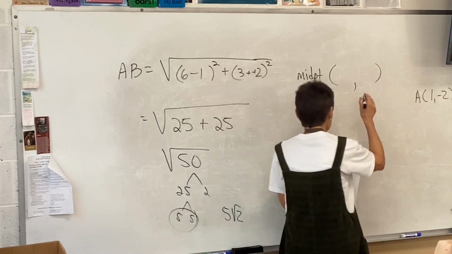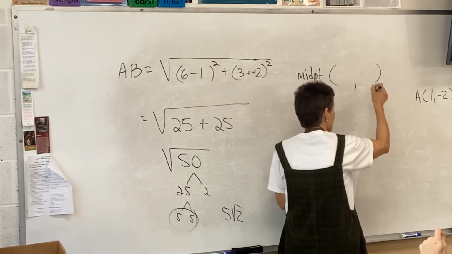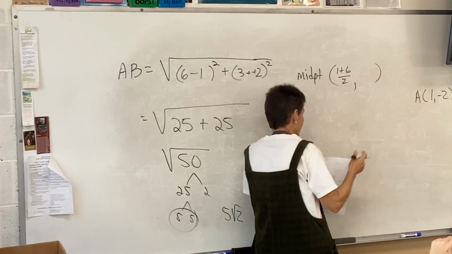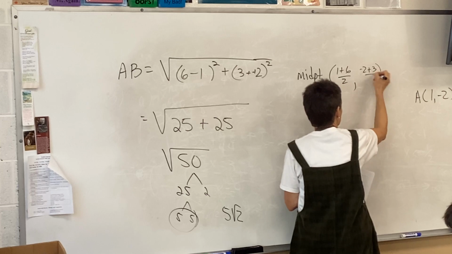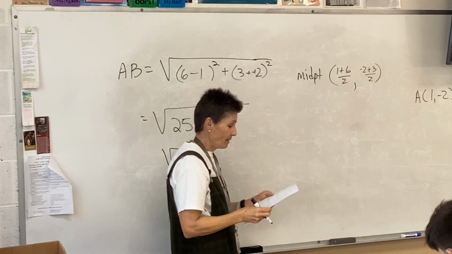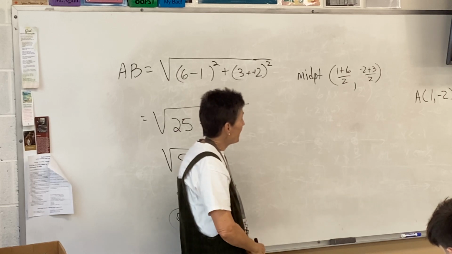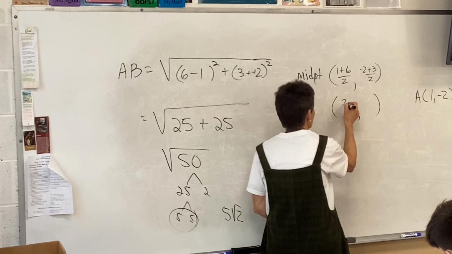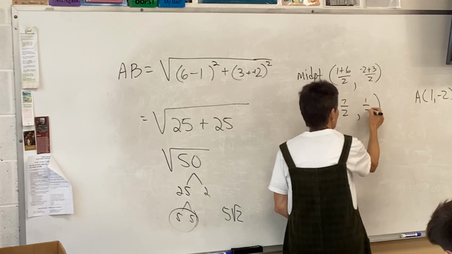So my x's, you're doing x plus x, you're averaging the x's. So 1 plus 6 over 2, and negative 2 plus 3 over 2. Add your x's, divide by 2, add your y's, divide by 2, so it looks like the midpoint is 7 halves and 1 half.